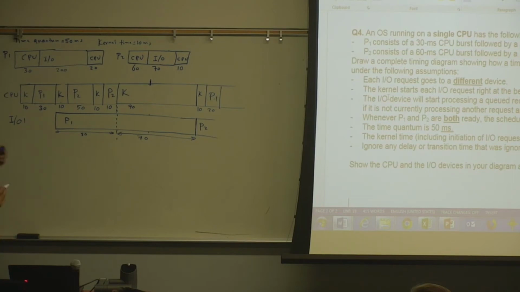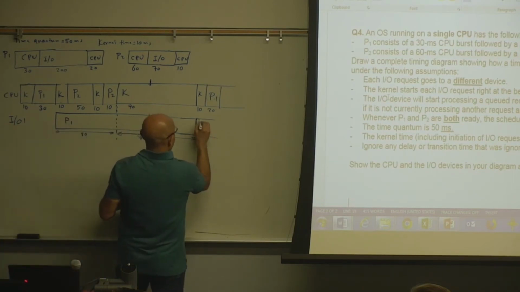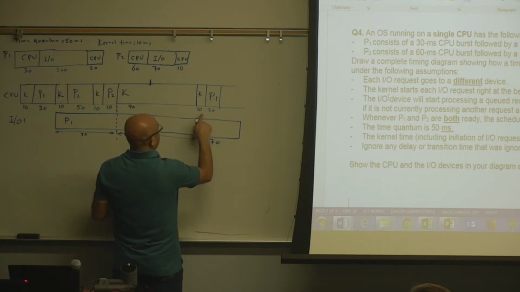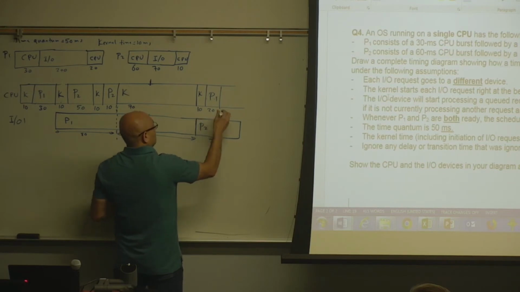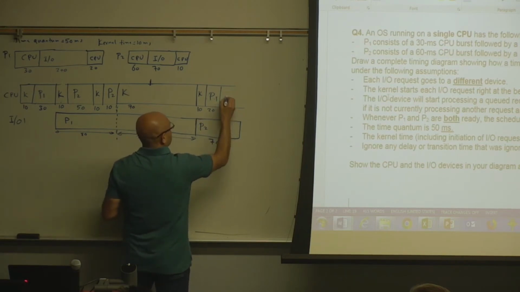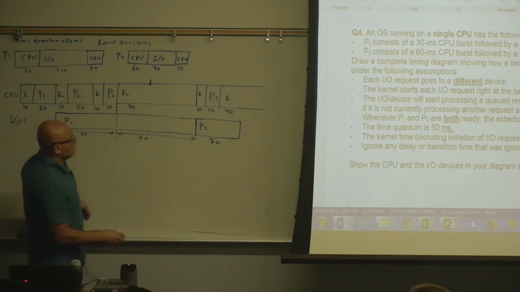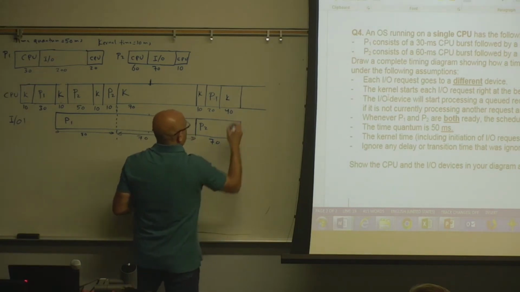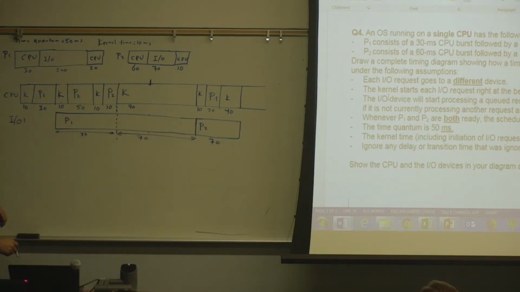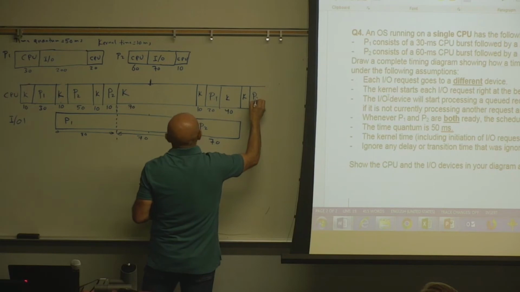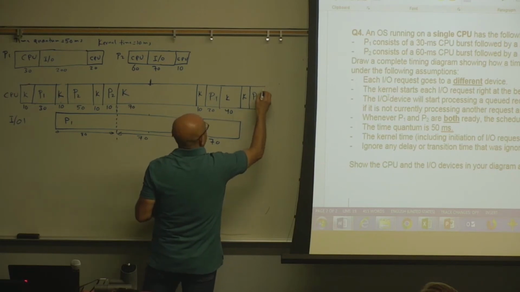Then this is going to be another 70. So the kernel will keep the CPU for 10 plus 20, that's 30, so it will keep it for 40 milliseconds. Then P2 will complete. The kernel will respond to the interrupt and give the CPU to P2 for 10 milliseconds.